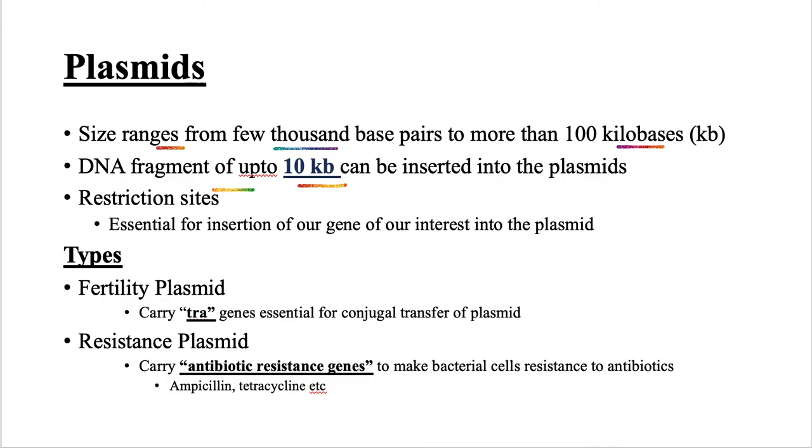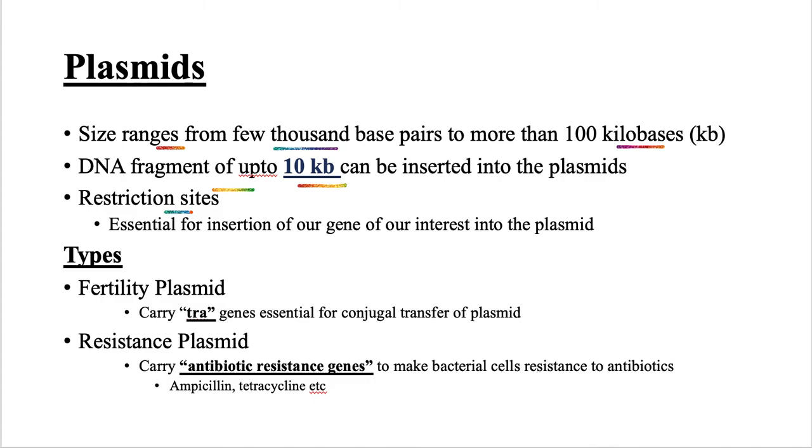However, there are certain plasmids that are quite big in size, so then we can insert a smaller DNA fragment into that. However, the total size we can put into a plasmid DNA is about 10 kb.